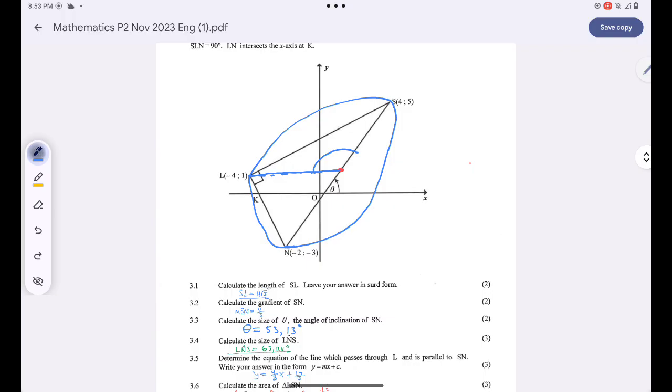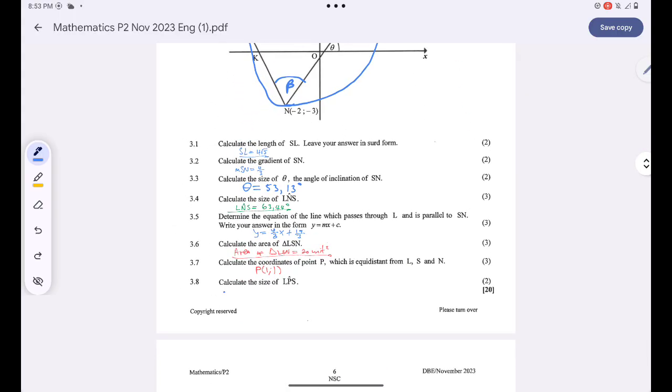Okay, I know that if that angle is beta, remember that we named that angle to be beta, then that angle will be 2 beta. Why am I saying that? Because the angle at center is 2 times the angle at circumference. Are you together? So angle LPS is 2 times angle LNS.